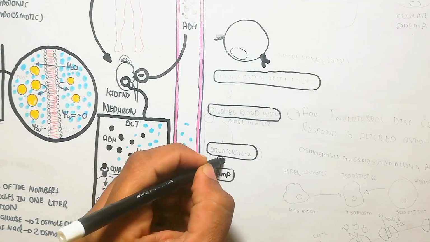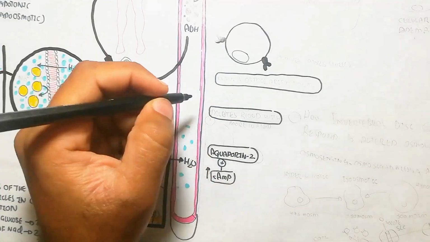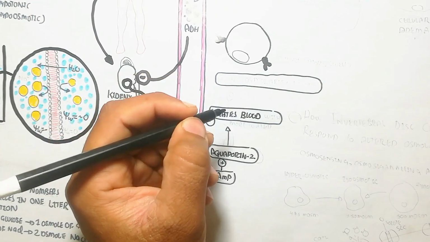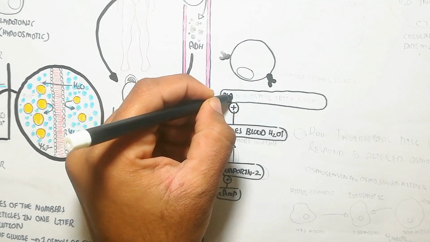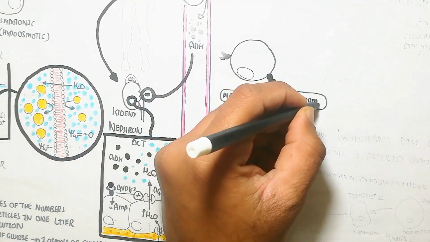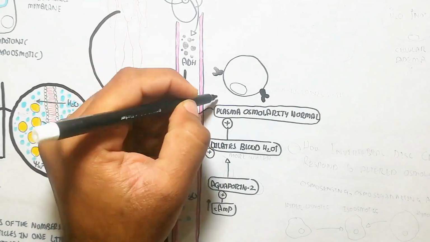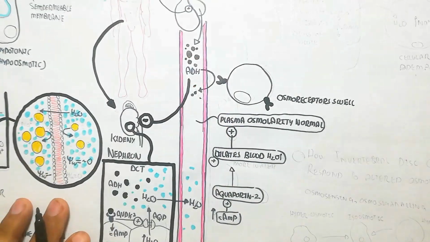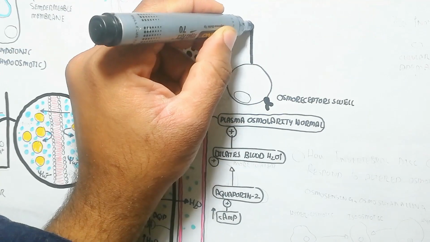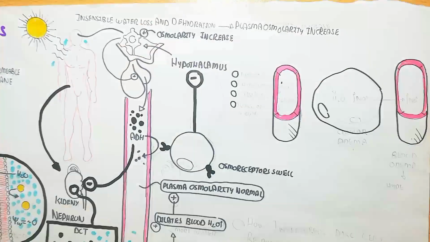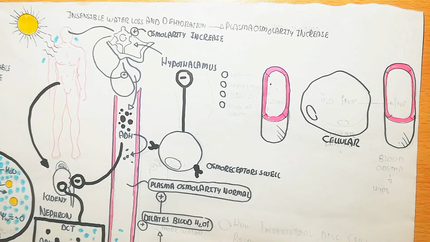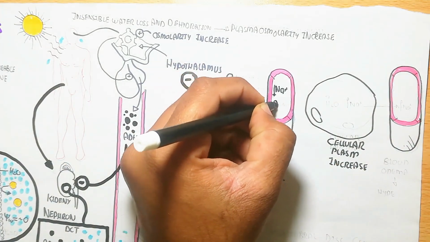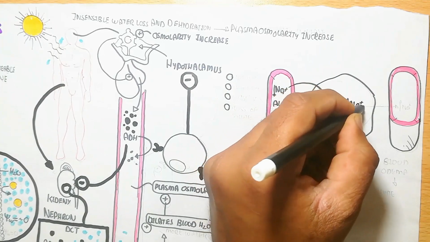So this inhibits dehydration during hot weather, and urination decreases. In summary, cyclic AMP increases the aquaporin 2 channel, which dilutes the blood, increases water, and plasma osmolarity becomes normal, which leads to osmoreceptor swelling. When the osmoreceptor swells, antidiuretic hormone will not bind, and the hypothalamus inhibits further antidiuretic hormone secretion.